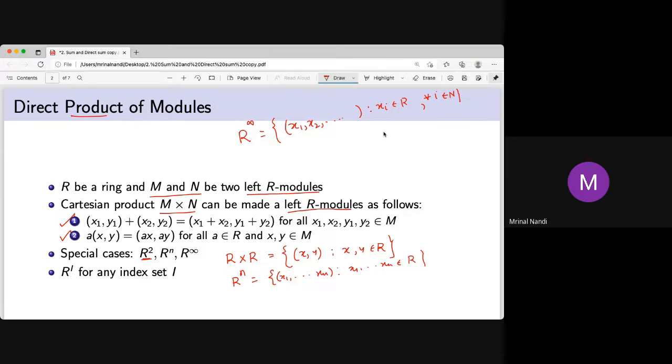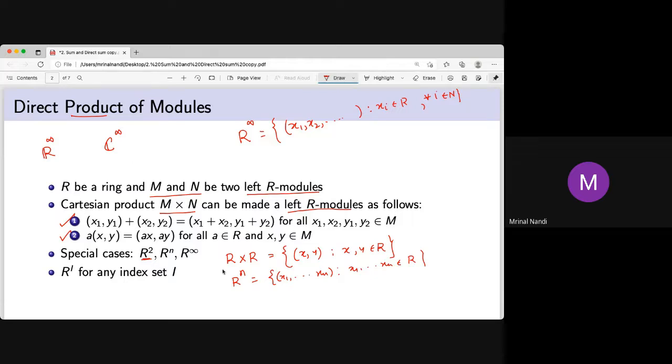Similarly, R can be any ring, like it may be cow, dog. If R is the real numbers, then R to the infinity is all real sequences. If C to the power infinity, it is all complex sequences.